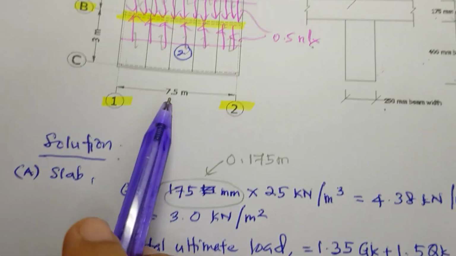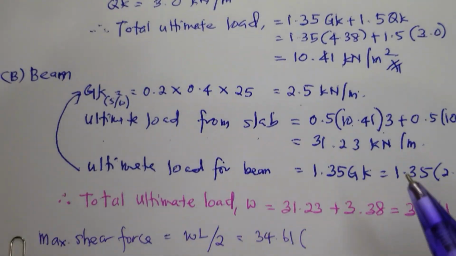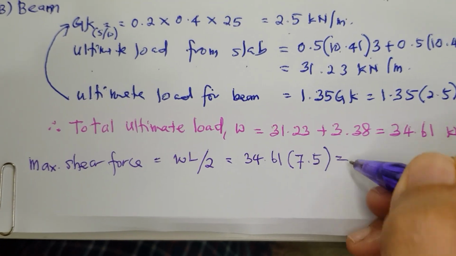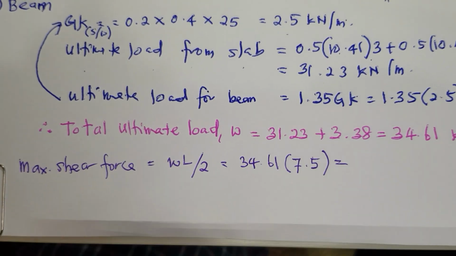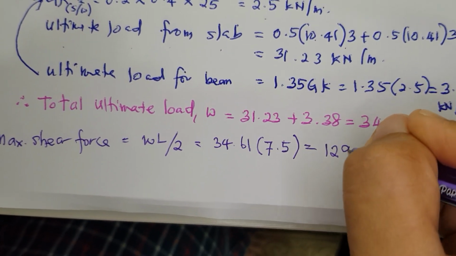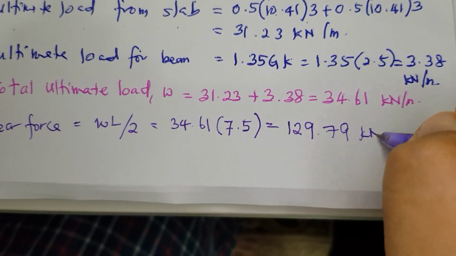The length, the span of the beam, is 7.5 meter. Thus, for maximum shear force, unit in kilonewton, the answer is 129.79 kilonewton.